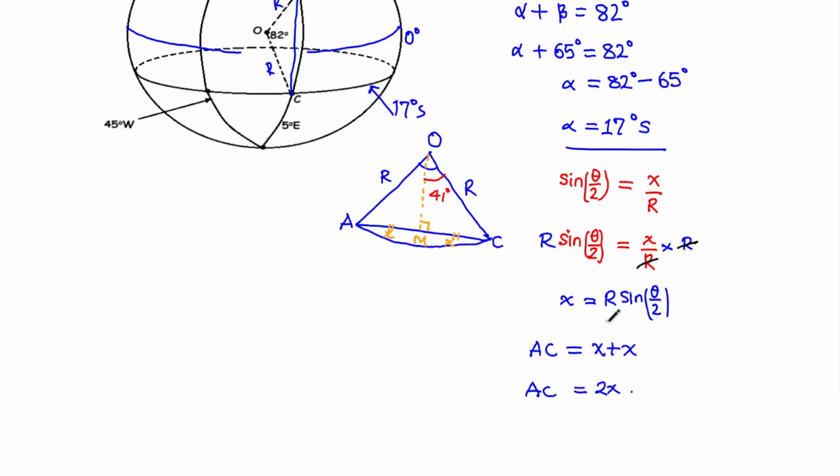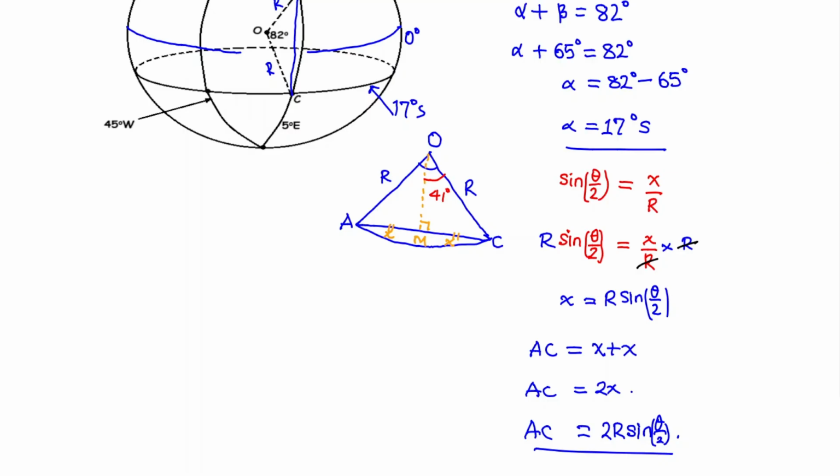Also our X is what we have just gotten here, so our AC is given by twice R times sine of theta over 2. So this is a small formula we may use to calculate the shortest distance from A up to C.